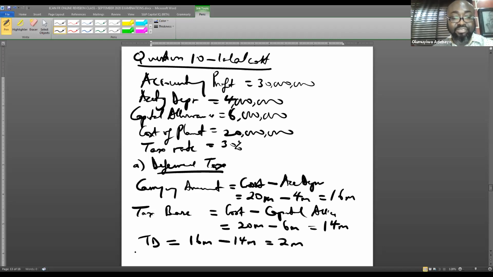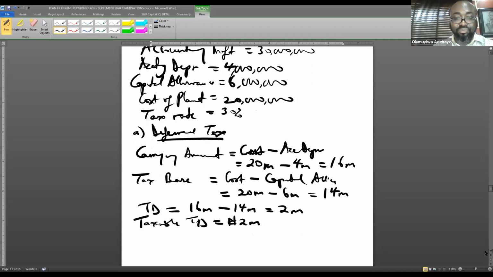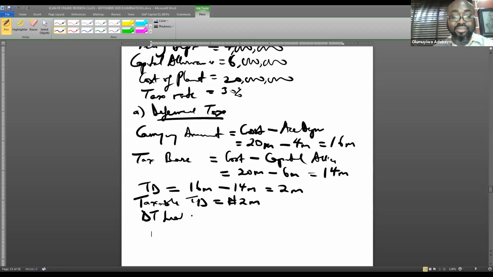And this temporary difference is taxable because the carrying amount of an asset is greater than the tax base. And what is the tax rate? 30%. Therefore, my deferred tax liability will be 30% of 2 million, which is 600,000.